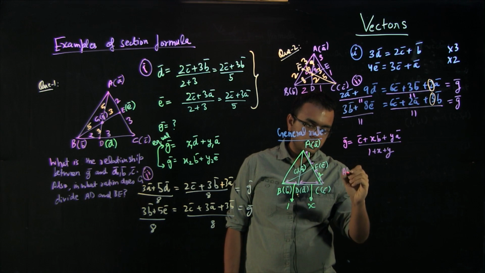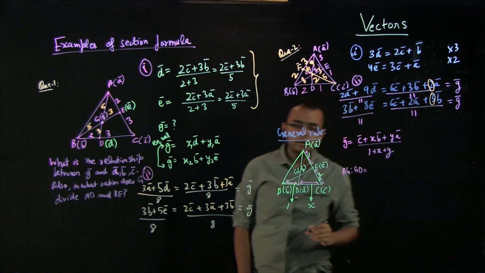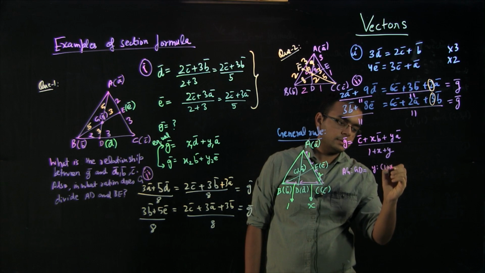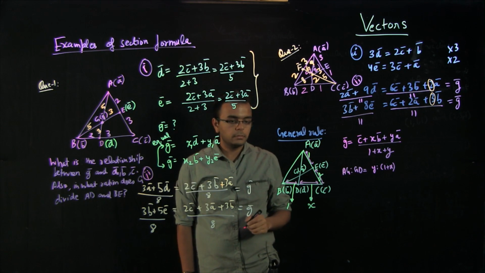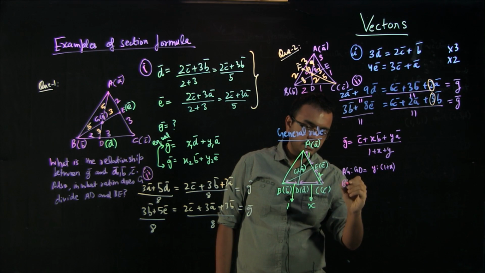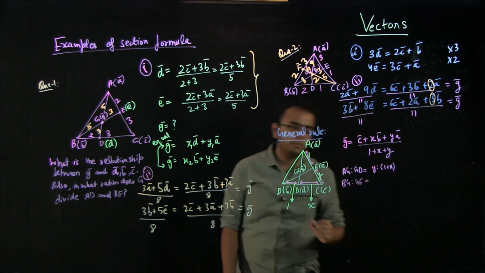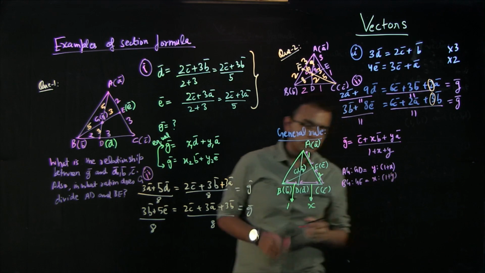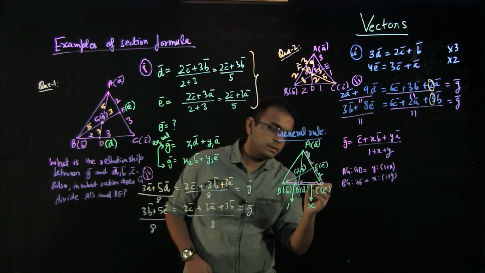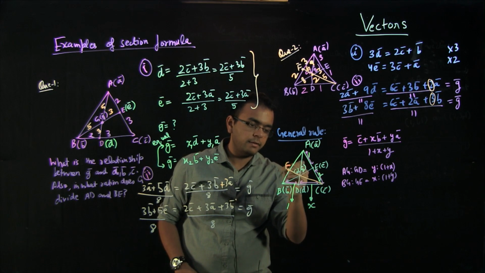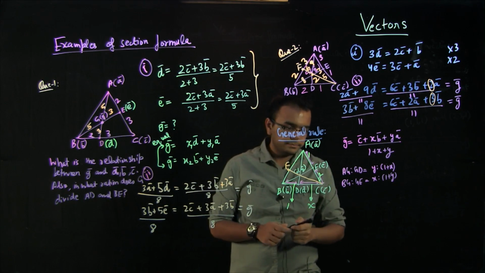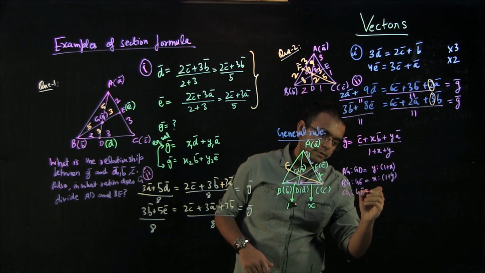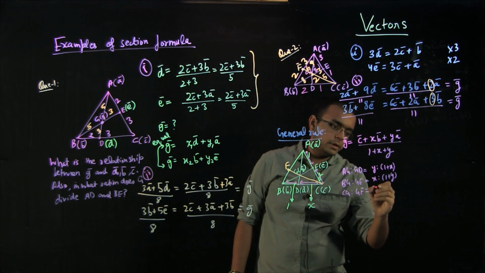Ag is to gd would be equal to y is to 1 plus x, bg into ge would be equal to x into 1 plus y, and if I make a line from here c to g and which goes here as f, then cg into gf would be equal to 1 is to x plus y.